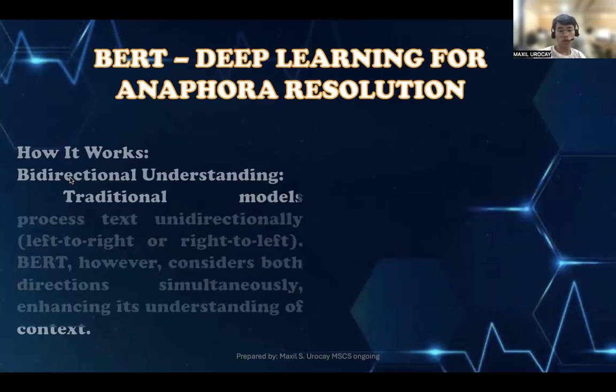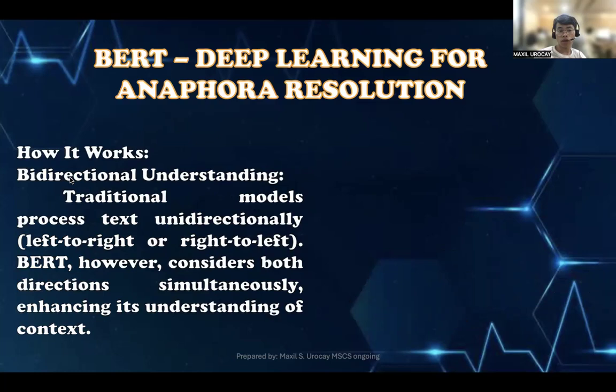Now, about bidirectional understanding: traditional models process text unidirectionally, either left to right or right to left. BERT, however, considers both directions simultaneously, which is really effective and enhances the understanding of context.